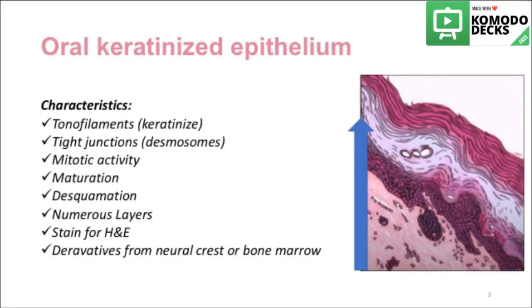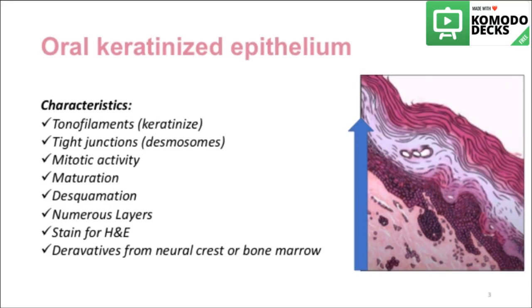So in the last lecture we described the oral keratinized epithelium with some characteristics. They keratinize, which means they become loaded with more keratin tonofilaments. They have intracellular junctions, notably tight desmosomes. They have mitotic activity and divide continuously.